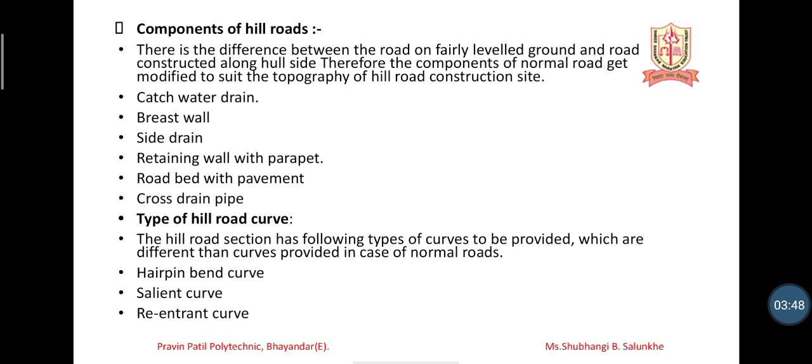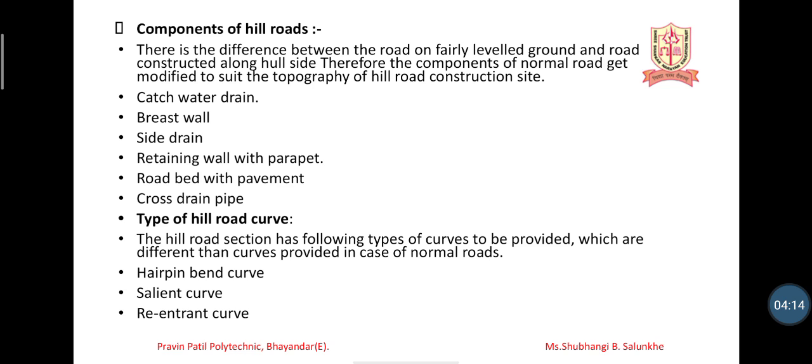The component parts present are: first a catch water drain, then the breast wall, then the side drain, the retaining wall with a parapet wall, then we have the road bed with the pavement, and next are the cross drainage pipes. So these are all the component parts usually present on hilly roads, which we have to go there and identify.